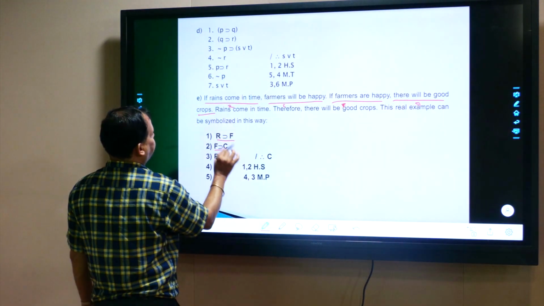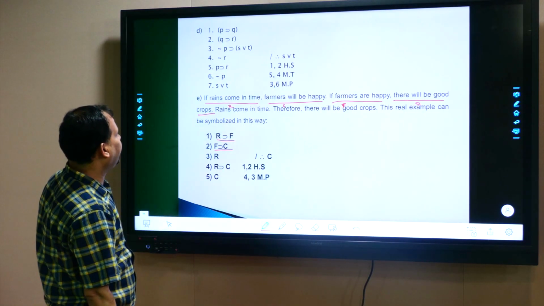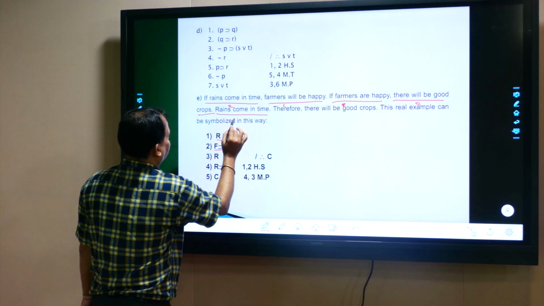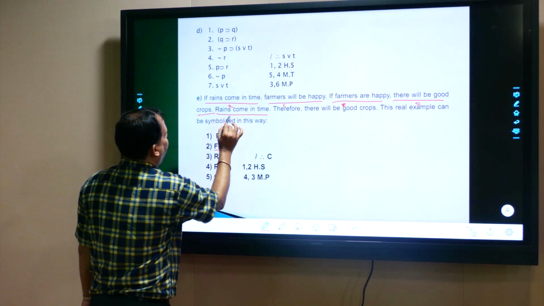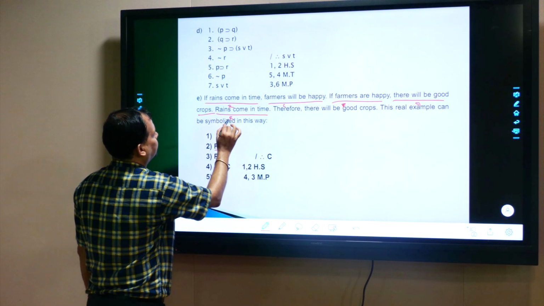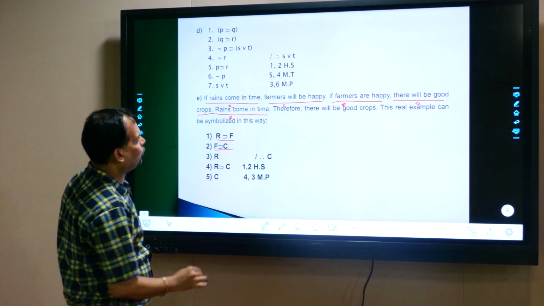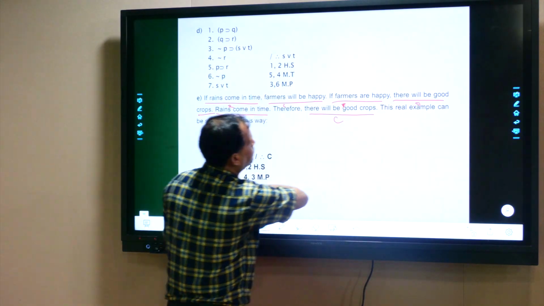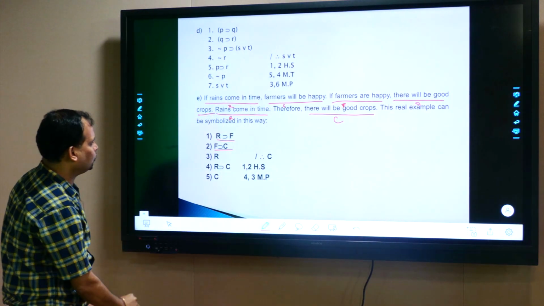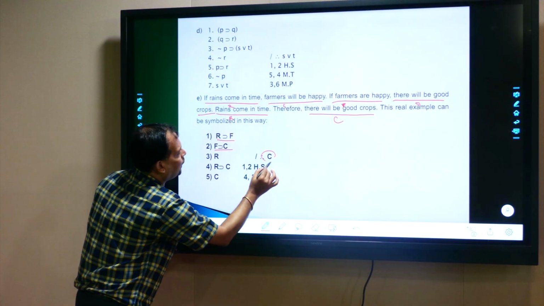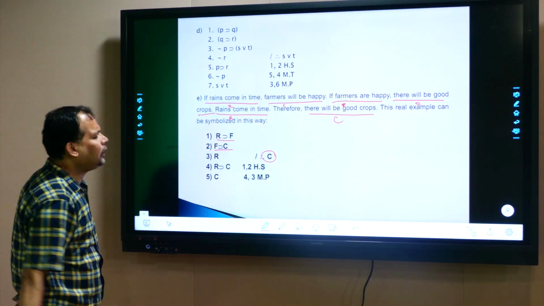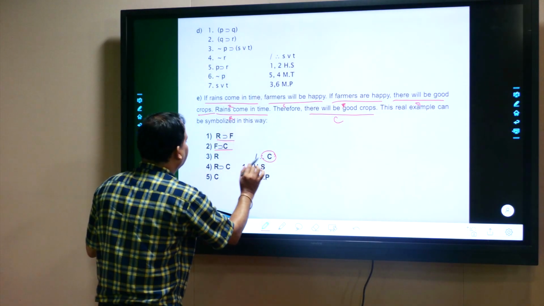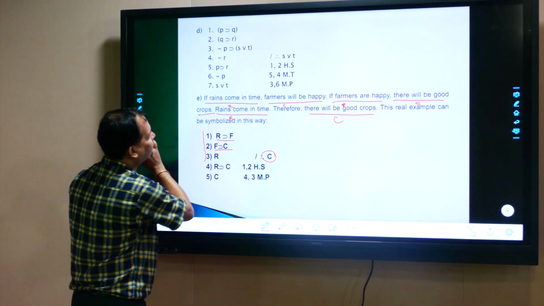So F implies C. The rain comes in time, so we symbolize it as R. Then the conclusion is that there will be good crops, that is, the conclusion C. So how can we deduce, dear learners, the conclusion C out of these 3 steps?